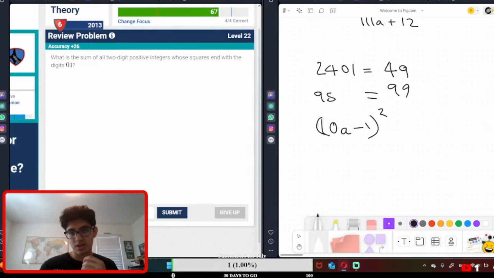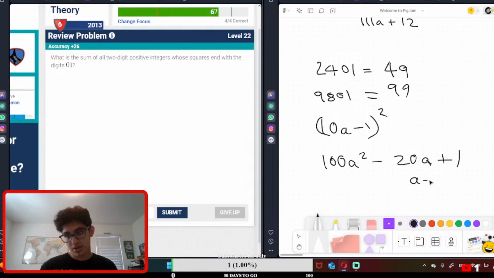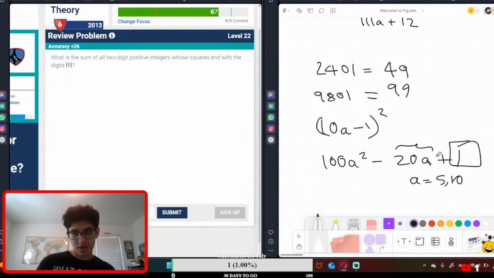When you expand this, you'll get 100a squared minus 20a plus 1. So you need a to be a multiple of 5, so that 100a squared is far away, not in the tens or units digit, and you're just left with 1.